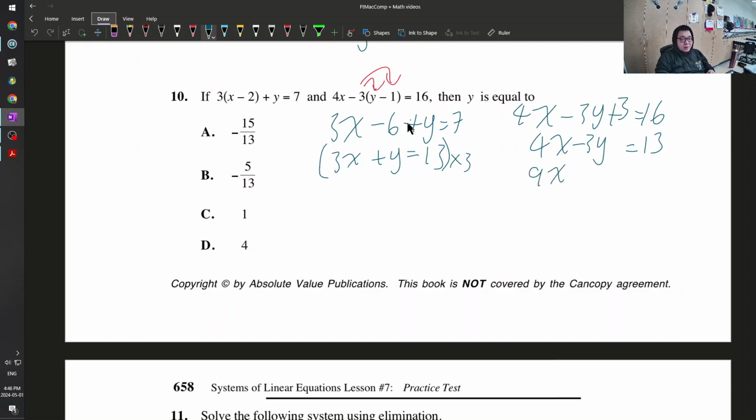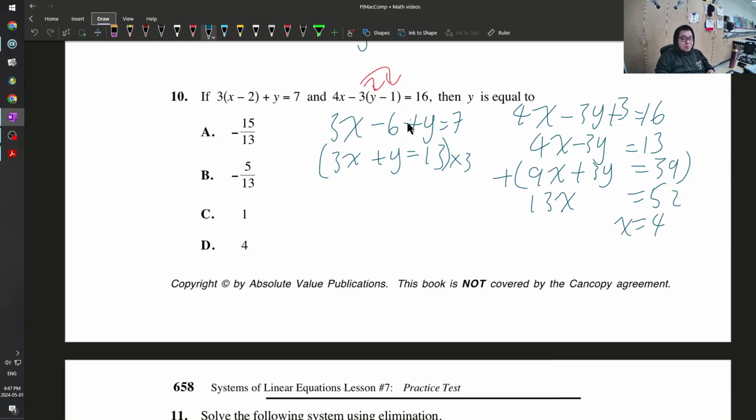So 9x plus 3y is equal to 39. Now we still add them together. We get 4 plus 9 is equal to 13x is equal to, what is this? 52. Divide both sides by 13, x is equal to 4.